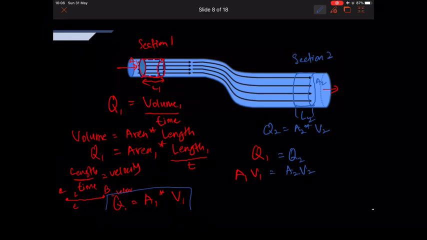Physics is always correct by saying that Q in section 1 equals Q in section 2. However, there are some cases where Q1 is not equal to Q2, for example when the fluid backs up somewhere and becomes compressed, and it will violate this theory. So the take home message here is that A1 V1 must equal A2 V2.